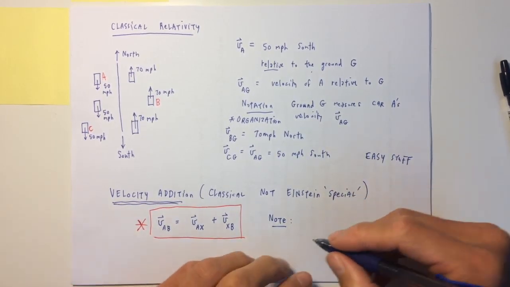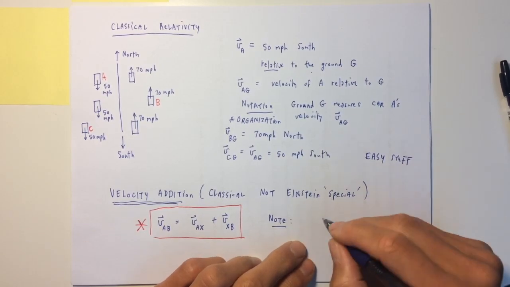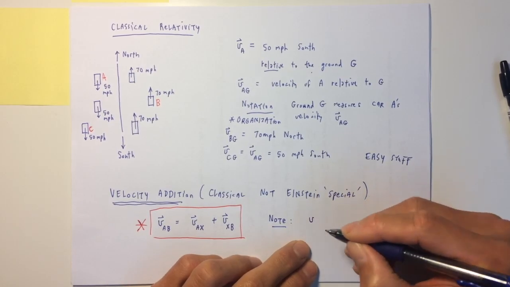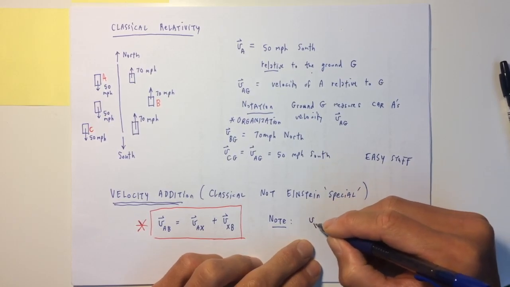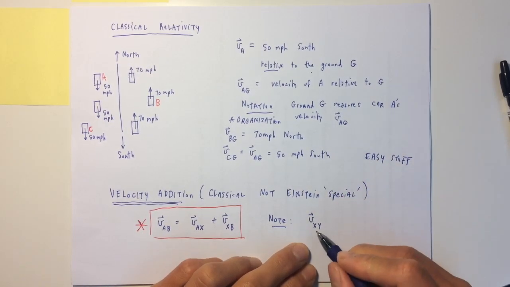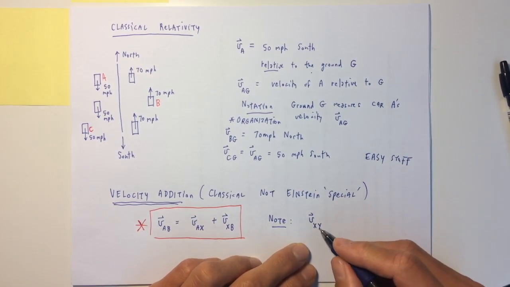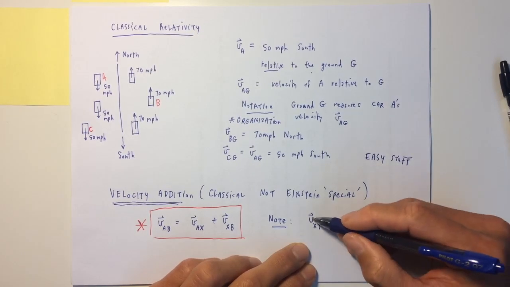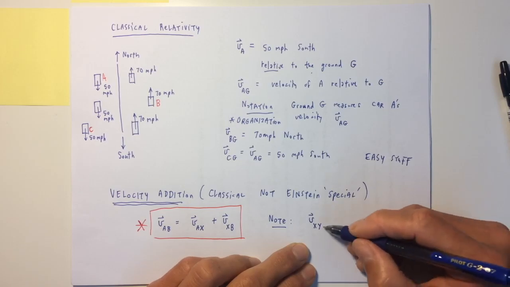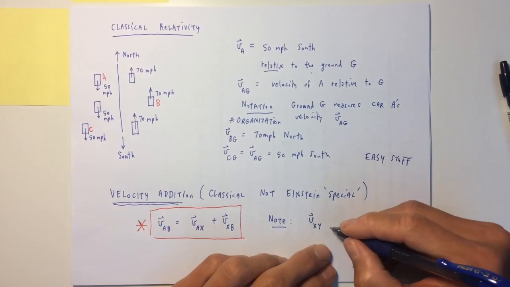If, for example, I'll just write it. So notice that if you have the velocity of one object relative to another, so these are just some arbitrary objects, x and y. So this is the velocity of object x measured by object y, or relative to object y.